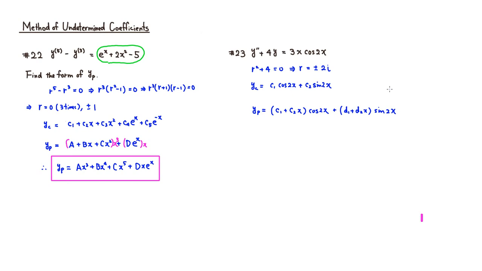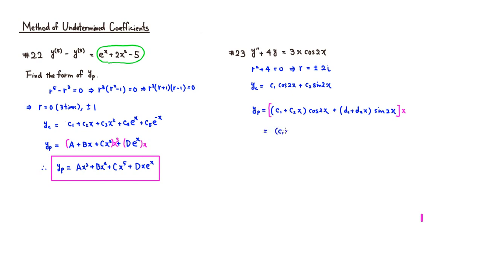So that will be our first guess. But you can see that there's an overlap between cosine of 2x and sine of 2x with the complementary solution. So we would have to multiply the whole thing by just x would probably do it.